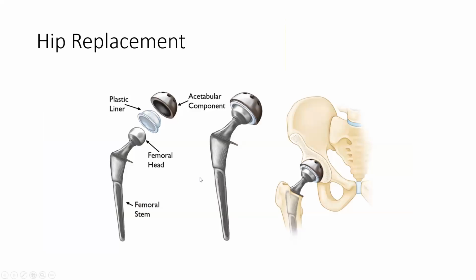So this is what we see: the stem and the head, the liner, and the acetabulum, because you can't do one without the other. If you have a stainless steel ball rubbing up against the bone, it's going to wear it away. So we replace both ends of it.